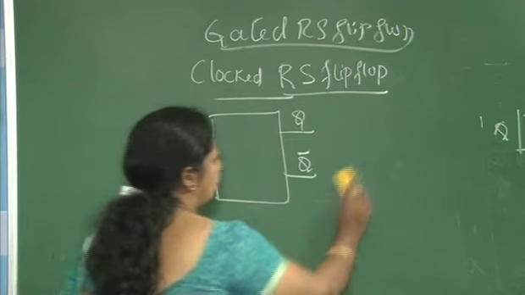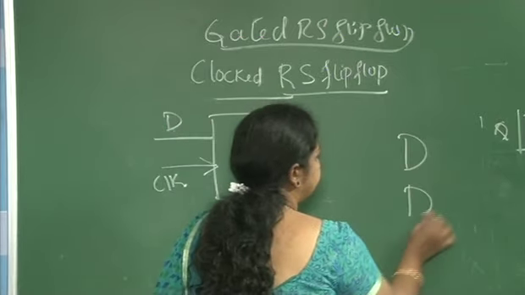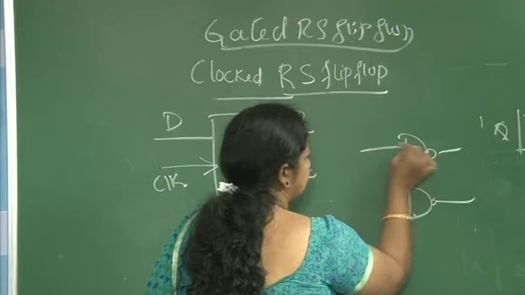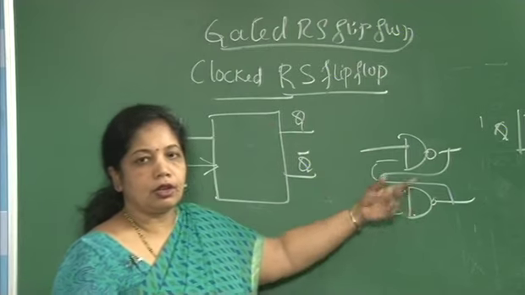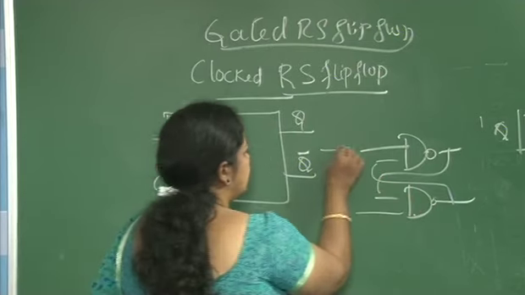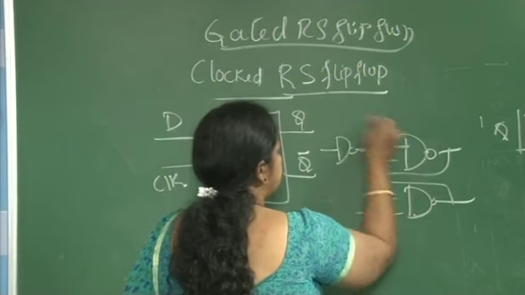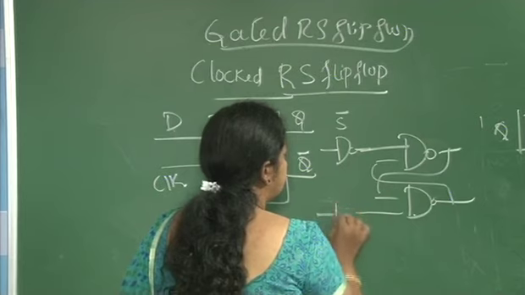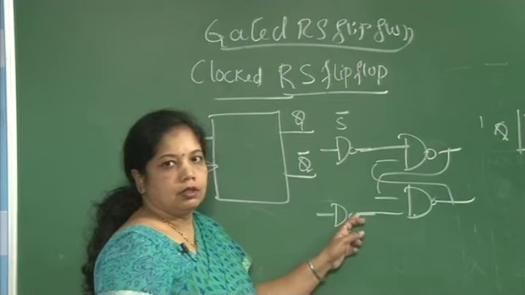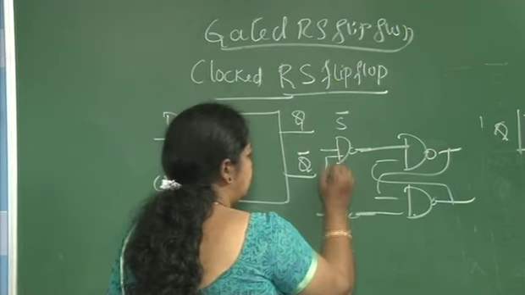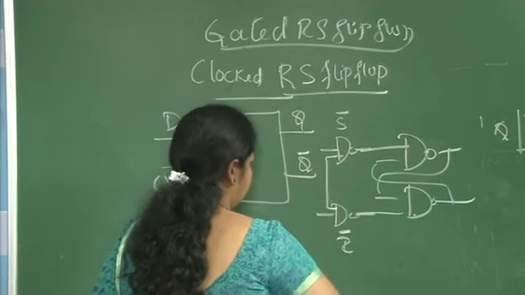So, how is the D flip flop built? As usual, we have an SR flip flop built through NAND gates, either NAND gates or NOR gates. So, I connect this through the gated. This is S bar, this becomes S, this is R bar.